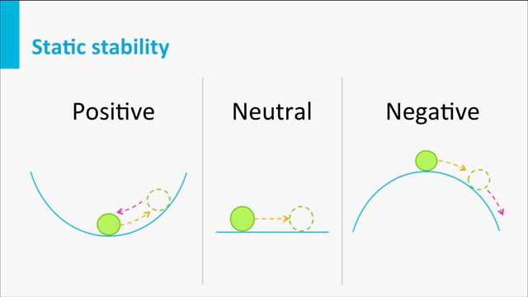And of course, if something is unstable, it's not stable, then it's what we call negative stability. And that means that the original deviation results in a force which makes it even worse. So deviation and reaction have the same sign. If they go to the right, for instance, let's call this positive.